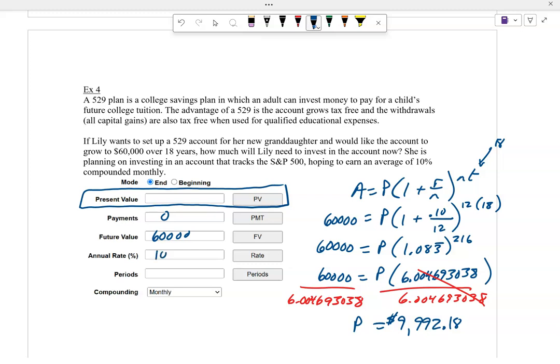We're going to assume we can track the S&P 500 and get 10% interest. How many periods is this? N times T, 12 compoundings per year for 18 years, 216 periods. And notice I got to be monthly down there for my compounding. I go ahead and click on that present value button on my calculator.